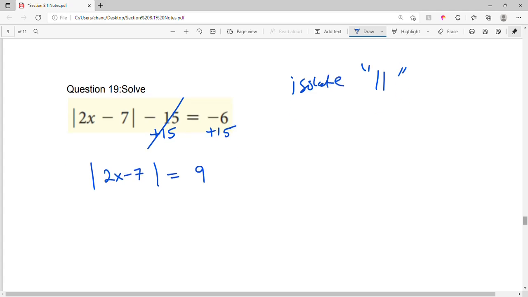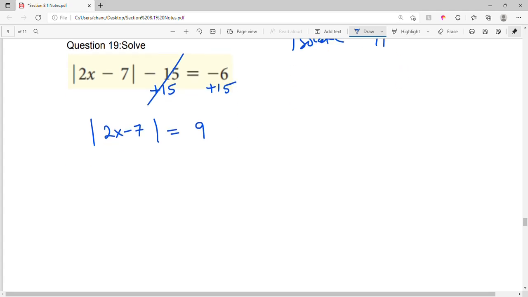Since the absolute value is isolated, now I can set the argument equal to 9. If the absolute value of 9 is taken, we get a distance of 9. Or if the inside is equal to negative 9, the distance is also equal to 9. So we have two equations, removing the absolute value, and we can solve each one separately.